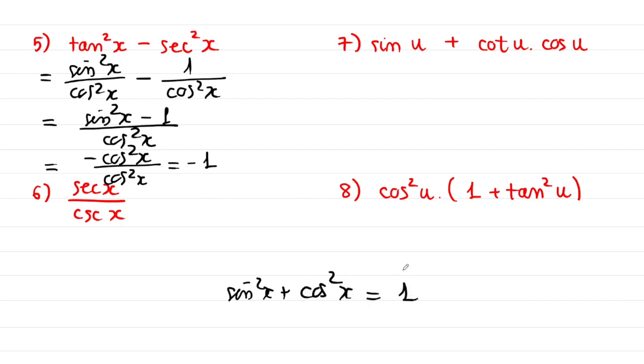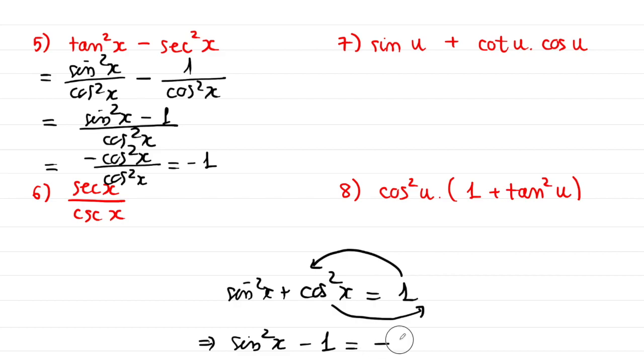I can move the 1 from the right hand side to the left hand side, and I move cos square x from the left hand side to the right hand side, and the new formula I will get is sine square x minus 1 equals minus cos square x, so that's why I have this result. The numerator equals minus cos square x divided by cos square x, so minus 1 is my final answer.